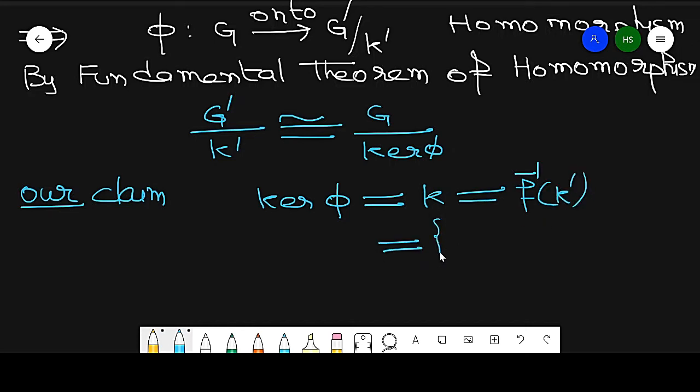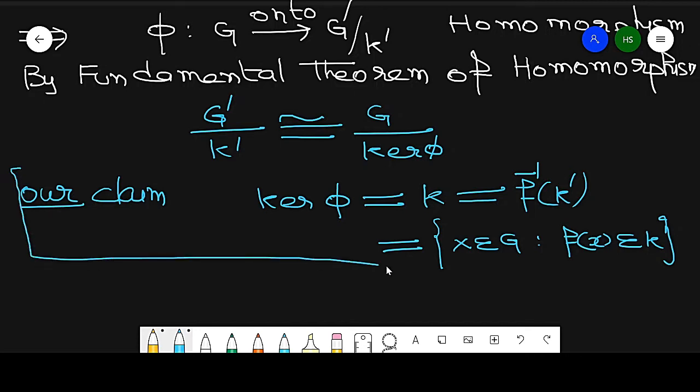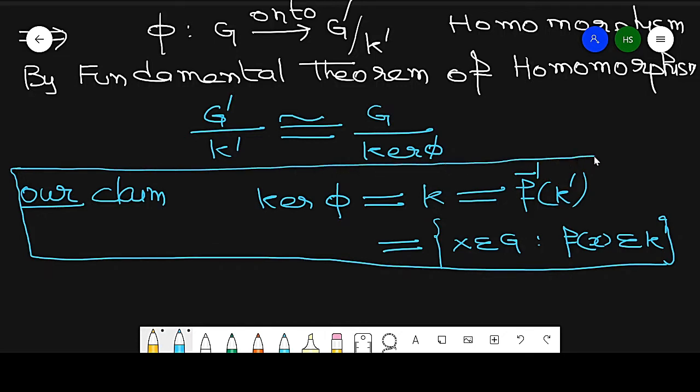This set is all x belongs to G such that f of x belongs to K dash. So that is my point. So I want to prove that first, and second, H is contained in kernel of phi, or H is contained in K. So there are two parts of this.